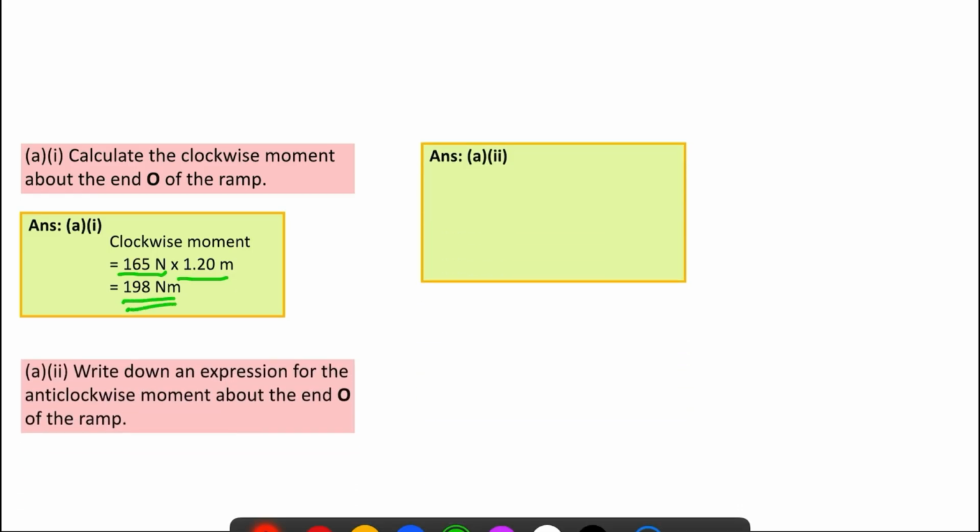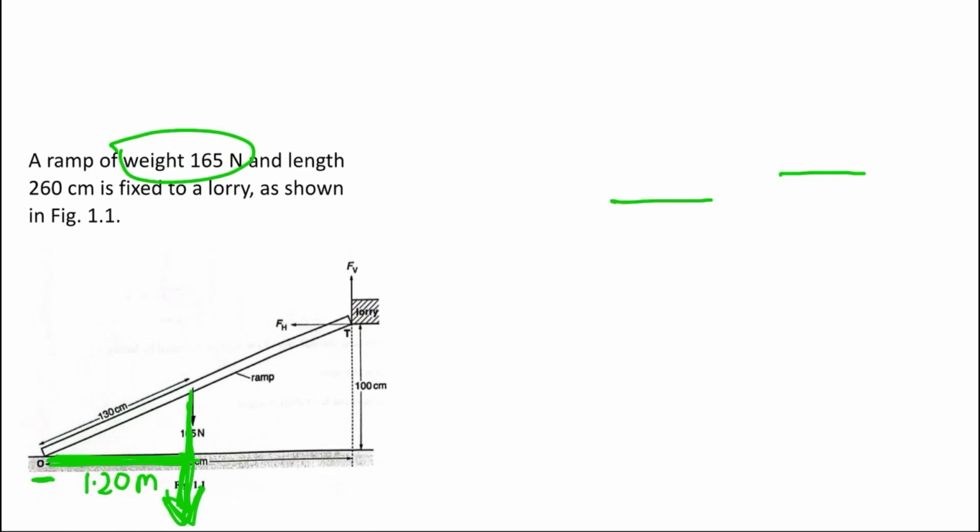Write down an expression of the anti-clockwise moment at the end O of the ram. Okay, so the anti-clockwise moment is actually slightly more interesting because there are two forces that act on it. We can analyze one by one. Let's say the force that we are looking at is this horizontal force.